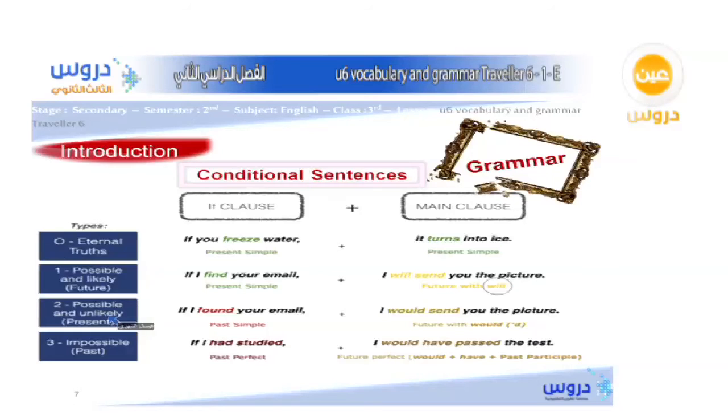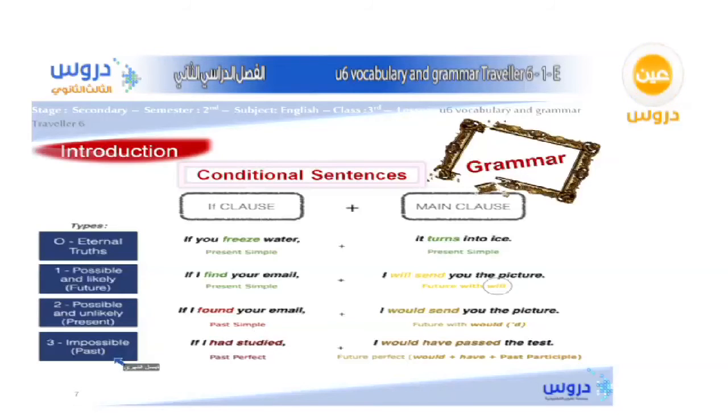Now, possible and unlikely in the present. If I found your email, and you can notice now that we are talking about the present as possible and unlikely, and now we are talking about the past, we need to focus on the main clause. I would send you the picture. Future, but now with would.